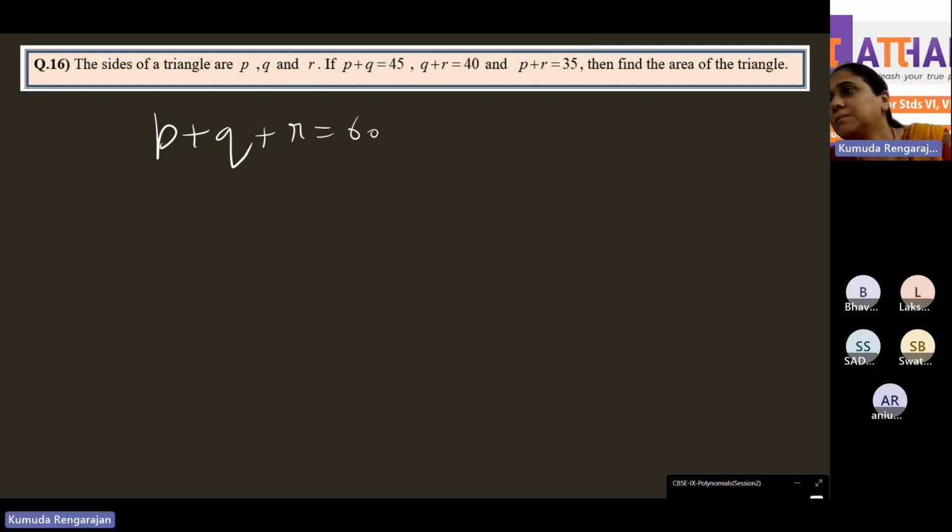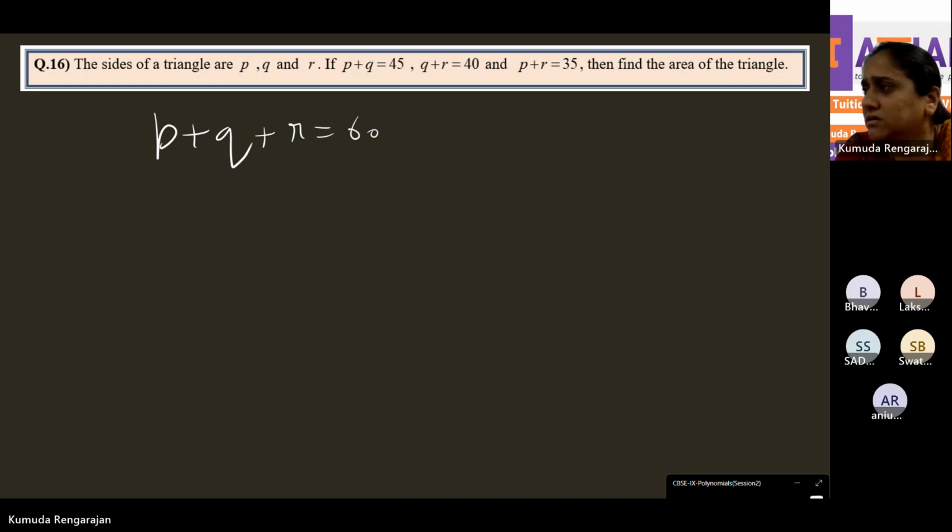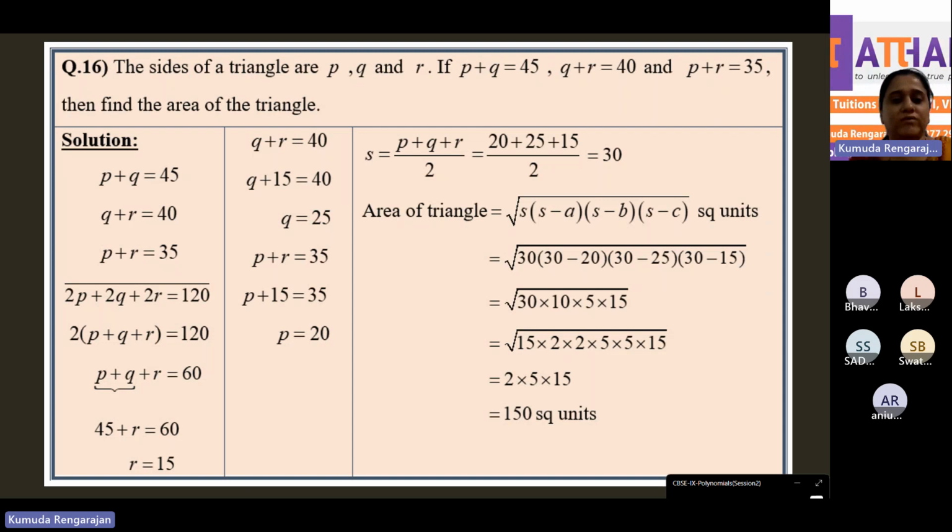What are the values of P, Q, and R? P is 20, Q is 25, and R is 15. 20, 25, 15. Correct.